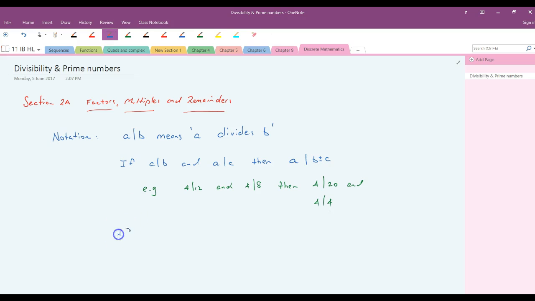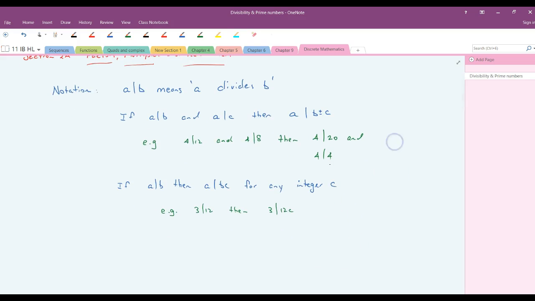Okay, another property is that if A divides B, then A will divide BC for any integer C. So an example here would be, if 3 divides 12, then 3 is obviously going to divide 12C, where C can be anything at all.